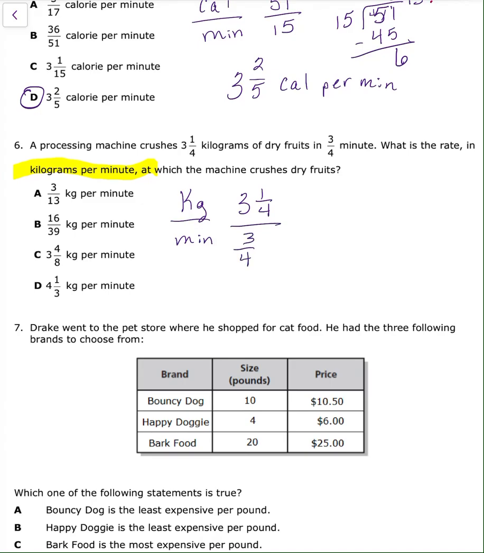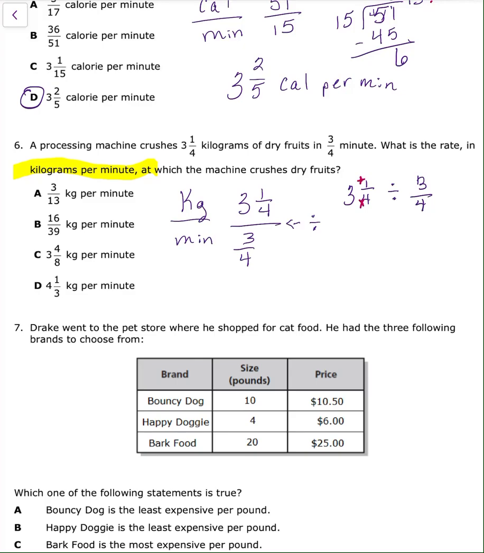Okay, I'm not freaking out because that looks really funny, but I know that this line right there means that I have to divide, and I know when I divide fractions, I divide it like this. So I'm not freaking out.